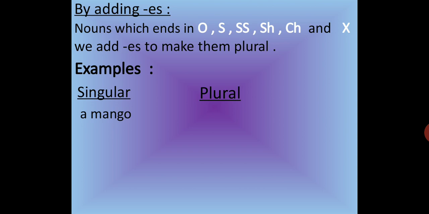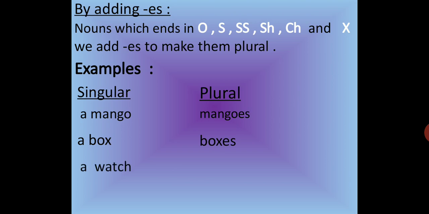So we add es, and it became mangoes. Understand? Now let's see the next example. A box. What is the last letter? X, right? So what can we do? We add es to make it plural. So it became boxes. Understand?